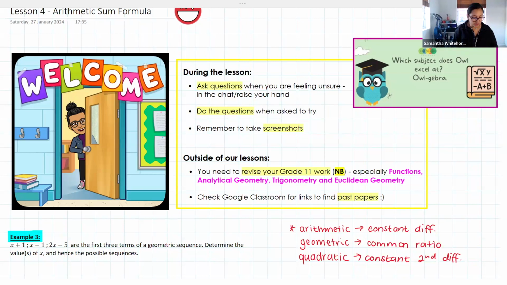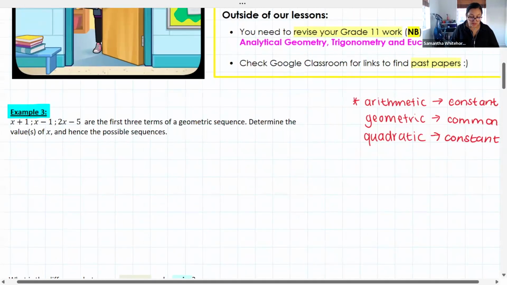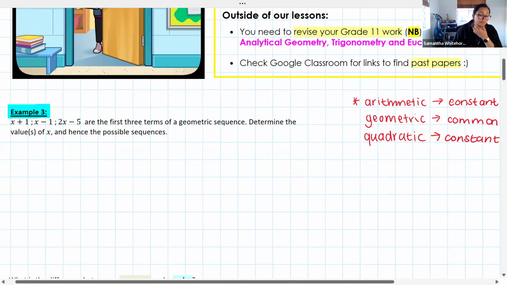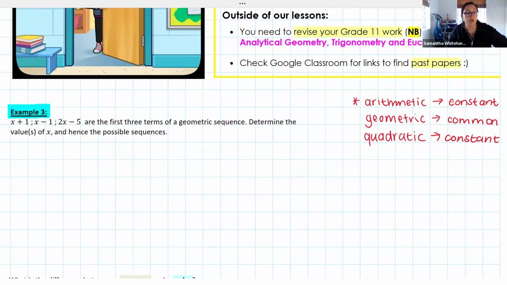So when we get questions like this, and I don't know why it says example 3, I thought I'd just put example. Clearly I was keen on example 3. When we have examples like this, we are able to answer them. I'm starting off with this question, guys, because we ended off with geometric on Monday.